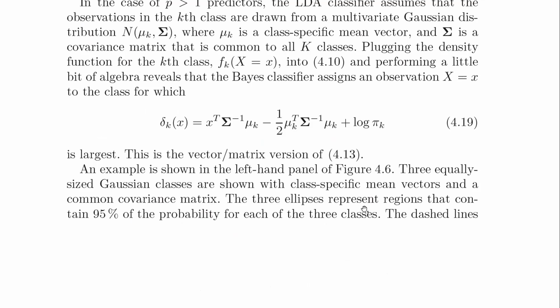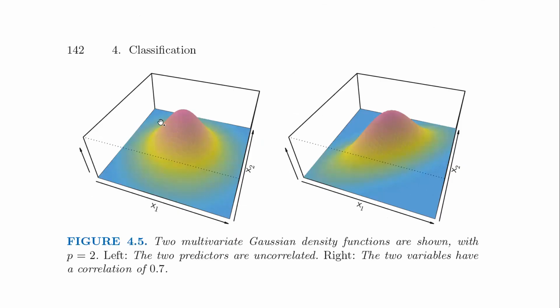The 3 ellipses represent regions that contain 95% of the probability for each of the classes. This gives you 100%. So theoretically, over here, the probability won't be exactly 0. It will be very close. The surface would be, what's the word, like an asymptote, very, very close to touching the plane.